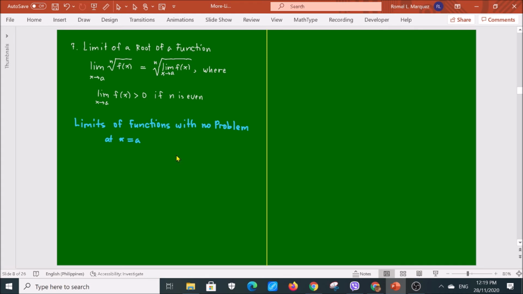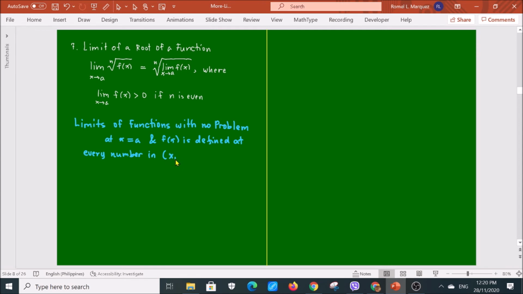So meaning, the value of the function is defined there, and f of x is defined at every number in the interval containing a.